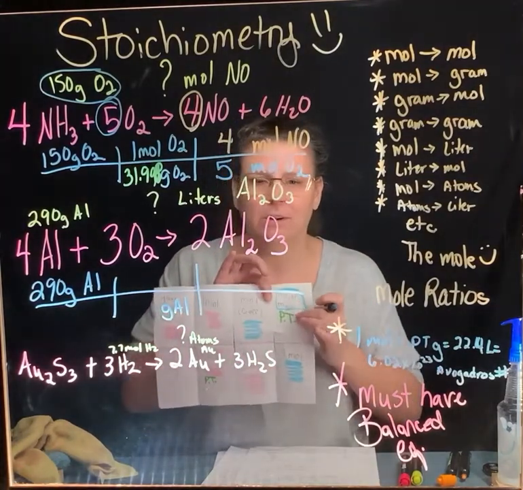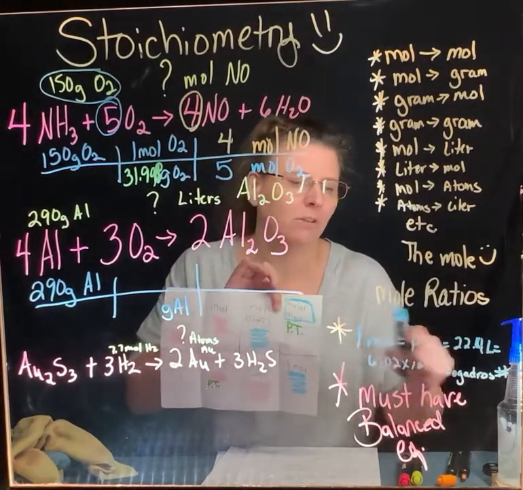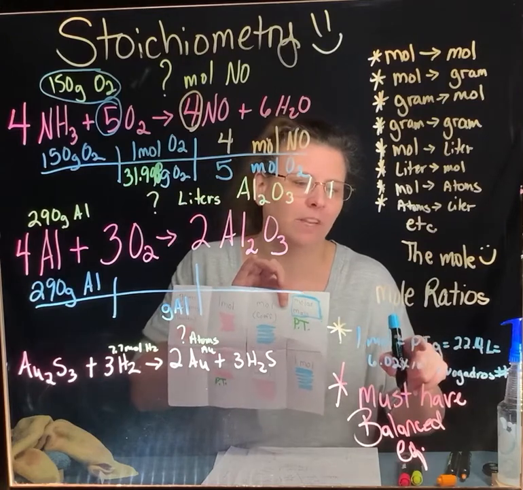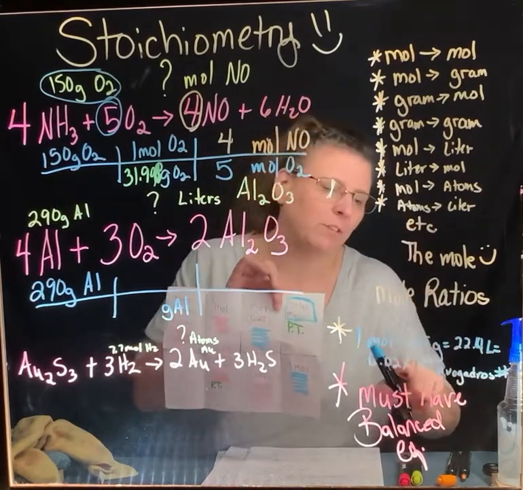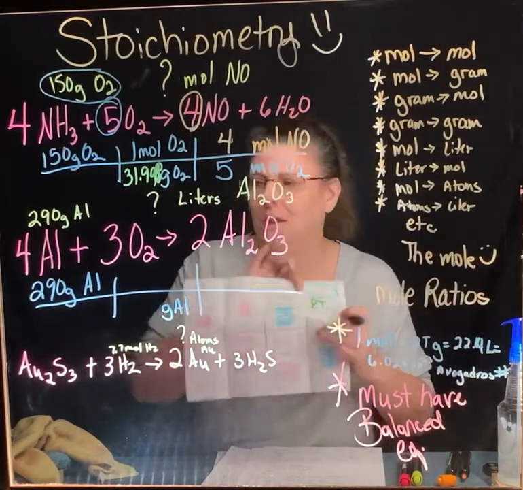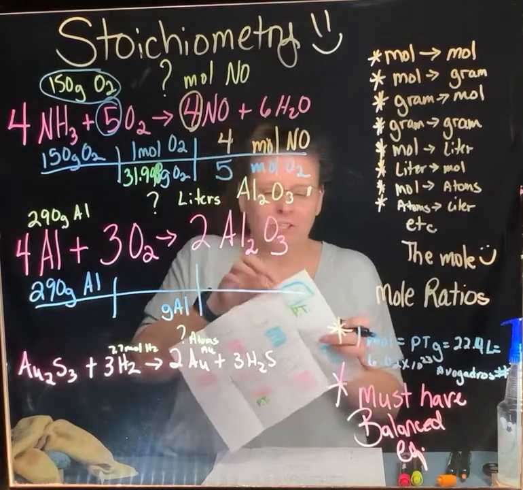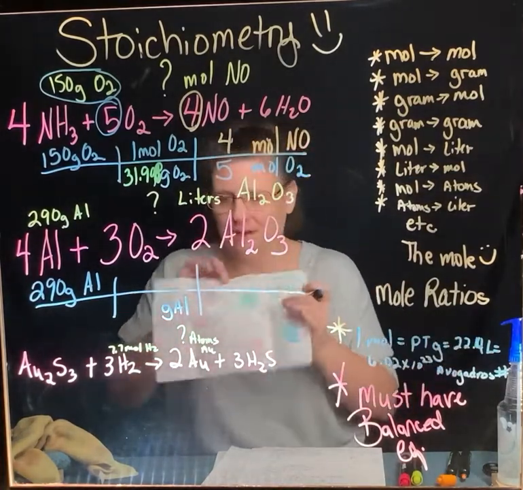Where you see a periodic table, you can use one of our conversion factors. We will give these to you on the test. 1 mole equals your periodic table in grams, or it equals 22.4 liters, or it equals 6.02 times 10 to the 23rd, which is Avogadro's number, okay? So just substitute out molar mass for 22.4. I'll come back to that in just a second.